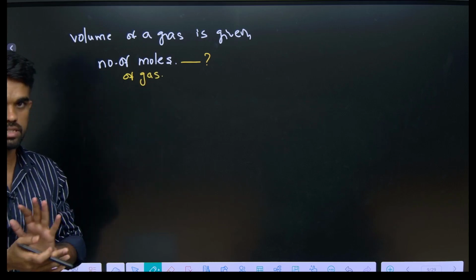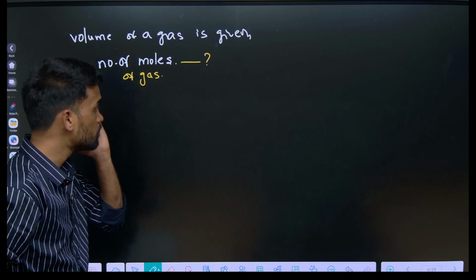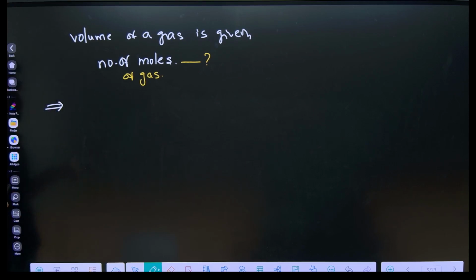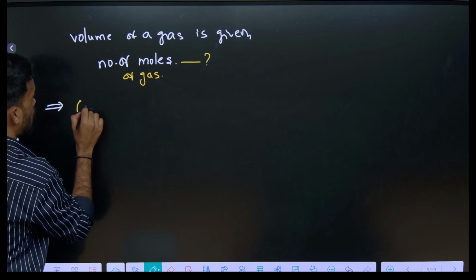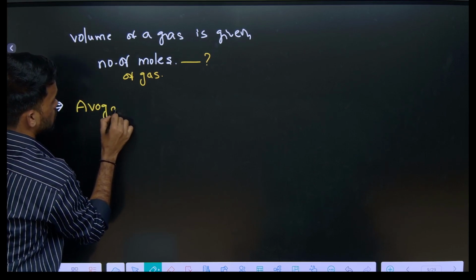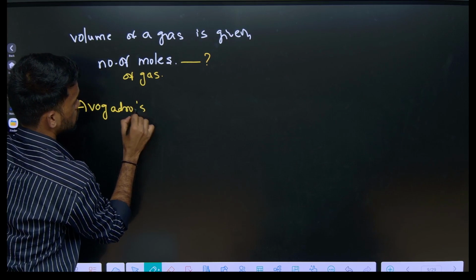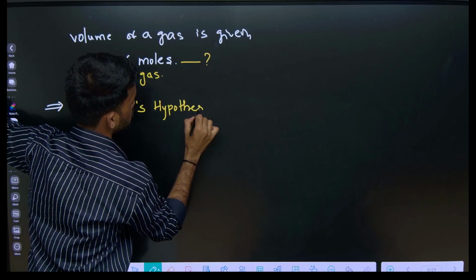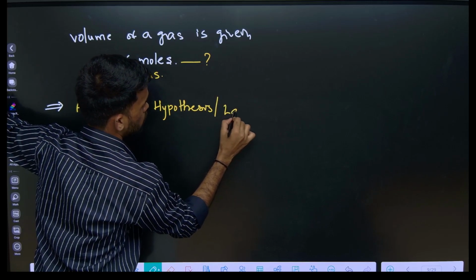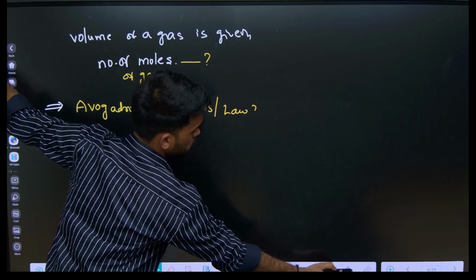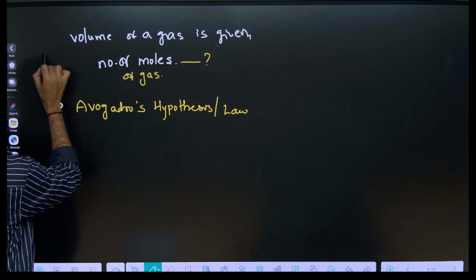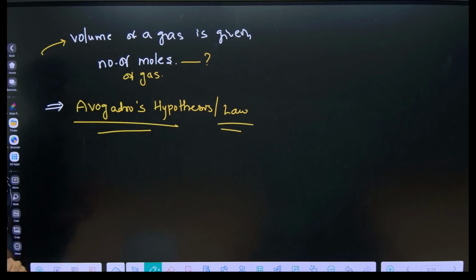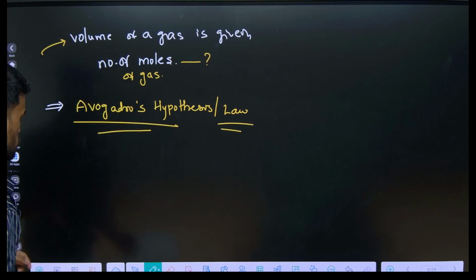So how do we do this? If we take the basic law here, what is it? Avogadro's hypothesis, or we can say Avogadro's law. In order to understand this concept, we need to know what exactly Avogadro's law says.